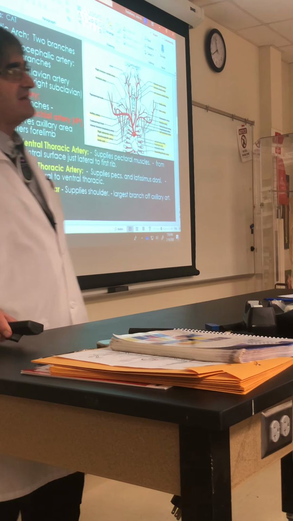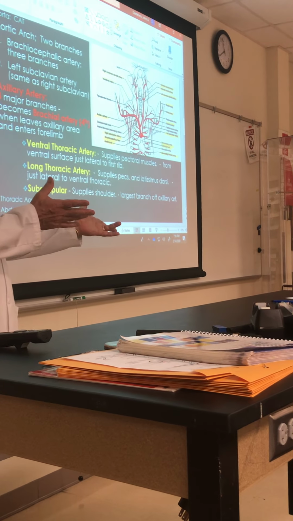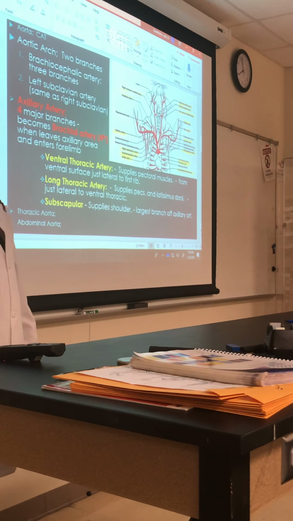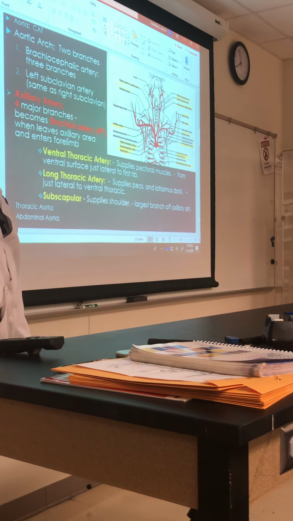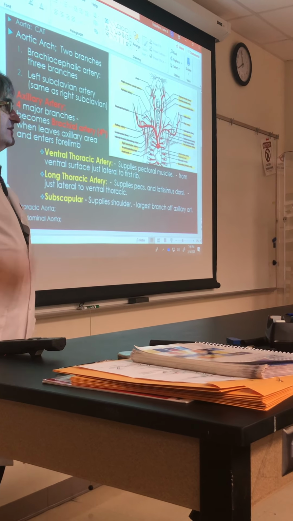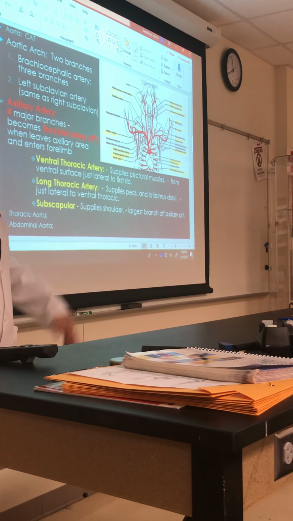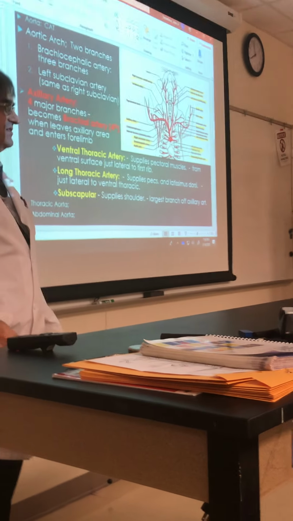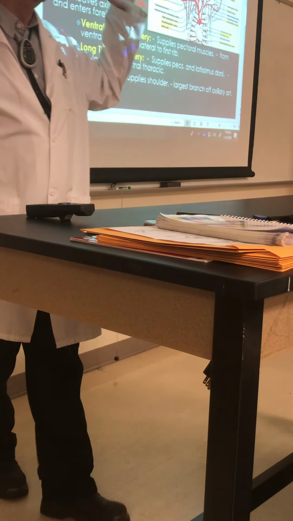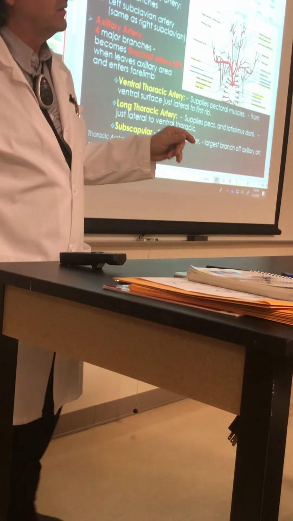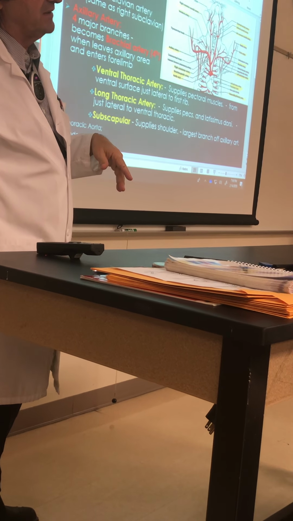Why don't I ask axillary? Because where does it begin and where does it end? Axillary is in the axillary region. Well, in some of these cats the arm's down like this, and in some of them they're up like this. Where is the axillary region? It varies. It's so subjective as to where it is. You're supposed to be able to tell by identifying the arteries that come off of it, like the ventral long thoracic, ventral thoracic, and subscapular.